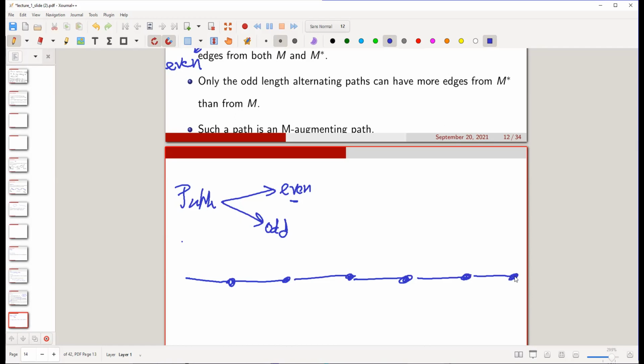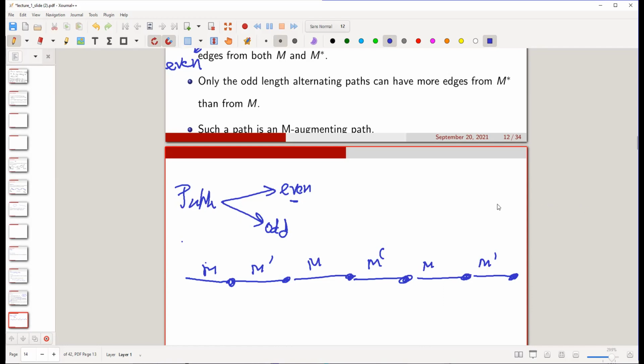Again we can see that the edges of this path will alternate between membership in M and M prime. If it belongs to M, then it will belong to M prime, then M, M prime, M and M prime. That means if the path is of even length, then the number of edges from M will be the same as the number of edges from M prime.